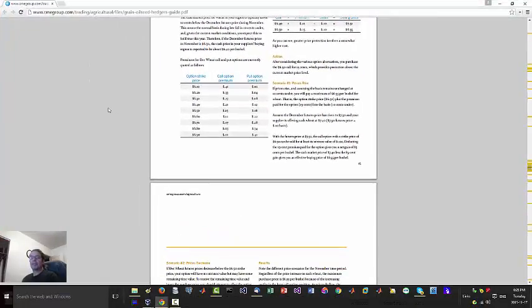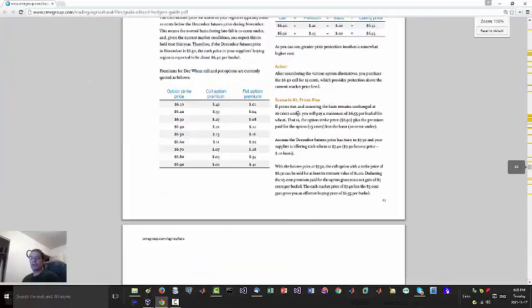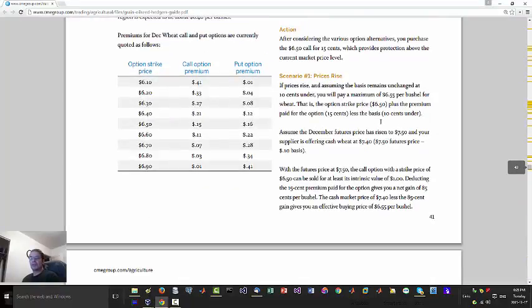Continuing along, we're looking at this new scenario here. Very simple stuff. We're going to assume that the option with the 650 strike price, this right here with the premium of 15 cents, basis is still 10 cents.